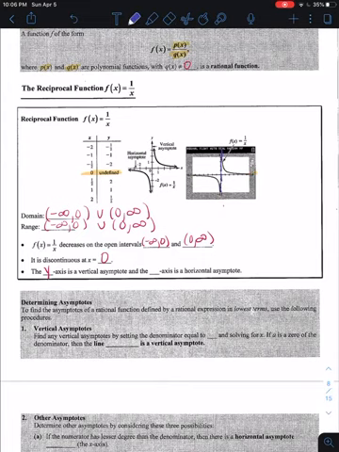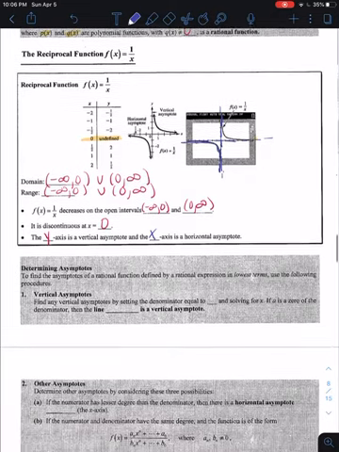So you have your vertical asymptote, which we draw with dashed lines, and then you have this horizontal asymptote, which is the x-axis. So again, an asymptote is a line that the graph gets closer and closer to, but it doesn't actually cross over. It's like a brick wall. Whereas a horizontal asymptote is the end behavior of the graph, and we're going to talk about that when we get to our example.